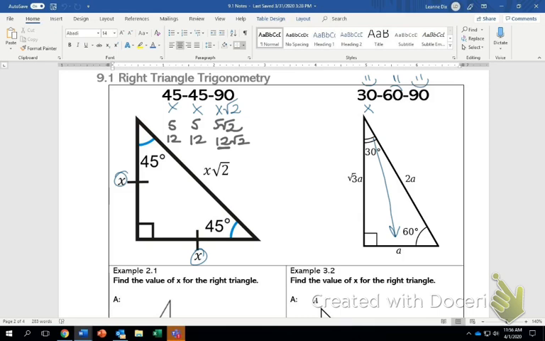And then across from our 90-degree angle is going to be 2x. It's 2 times the leg length across from the 30. And then in between, across from the 60, it's going to be x times the square root of 3.